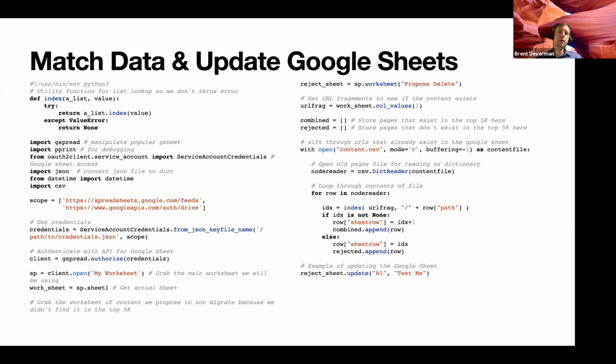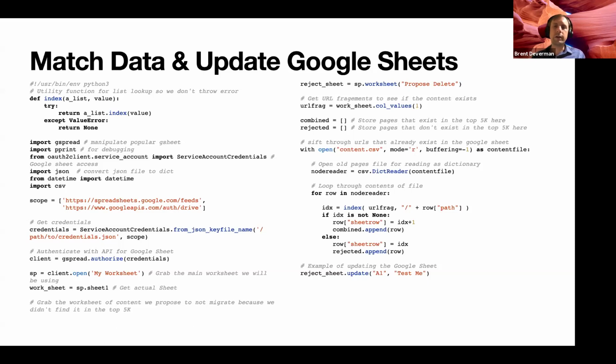So now what we're going to do is try to find, we exported all the posts. We want to check in the Google Sheet, do they exist in the top 5,000 popular articles? The ones that exist we'll store in one variable I've called combined, and the ones that don't, I'll store in another variable called rejected. Then I can take these and later update the sheet.